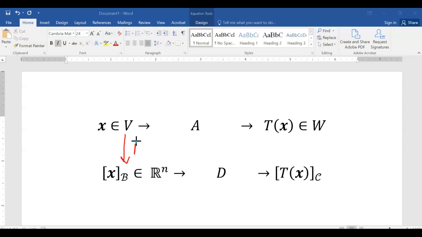By the way, I believe that is a P inverse. P inverse would go there. We'd multiply by the matrix D. Then we would multiply by P, where P is my change of basis matrix.